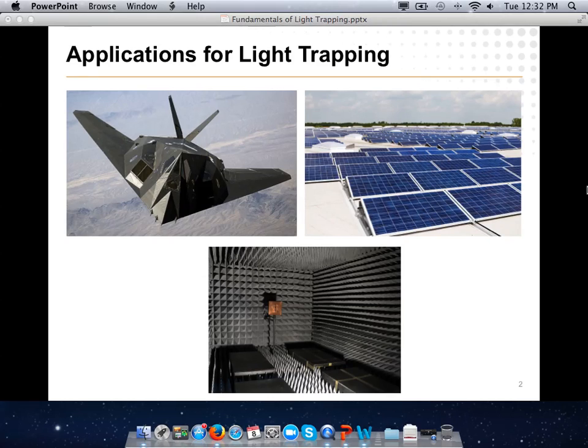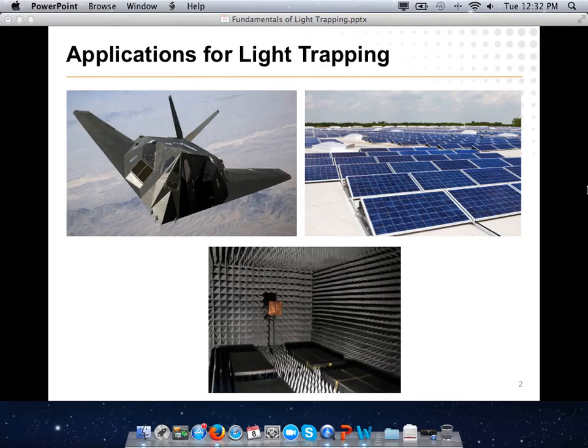You're not really absorbing any, you're just bouncing it away in such a way that the sender doesn't hear any echoes from you. Part of that is built into the geometry of the plane itself. But you can't really guarantee that all the energy is going to scatter away from the source. So to compound on top of that, they paint the plane in this sort of magic black material.